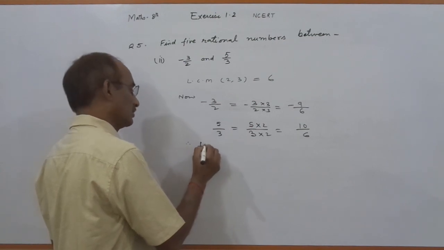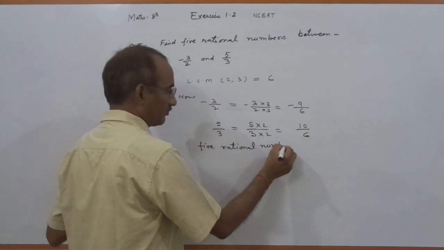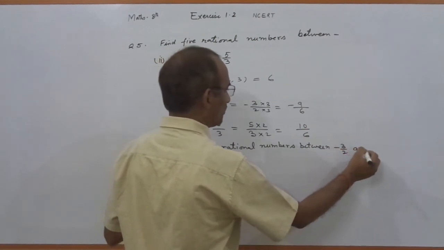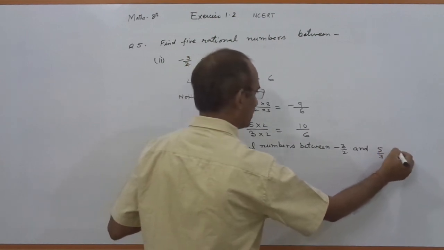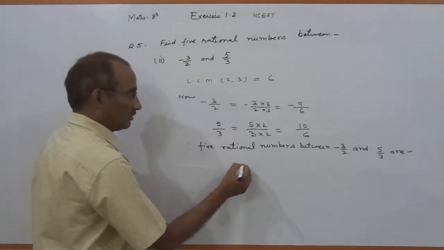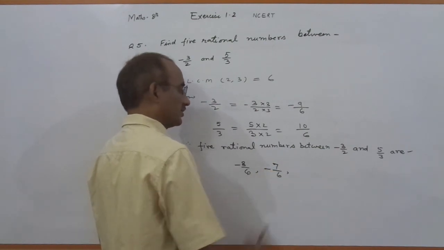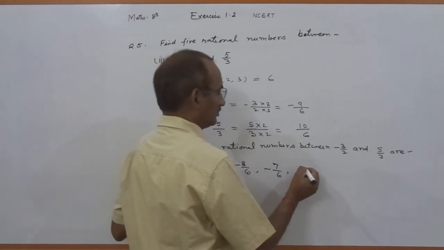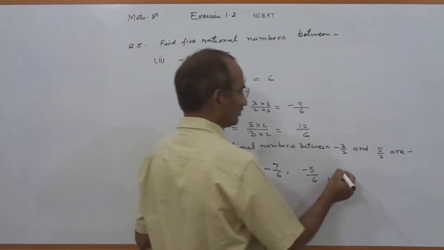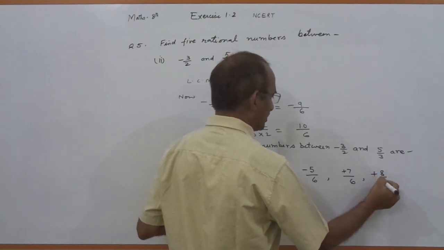Therefore, 5 rational numbers between minus 3 upon 2 and 5 upon 3 may be minus 8 upon 6, minus 7 upon 6, minus 5 upon 6, plus 7 upon 6 and plus 8 upon 6.